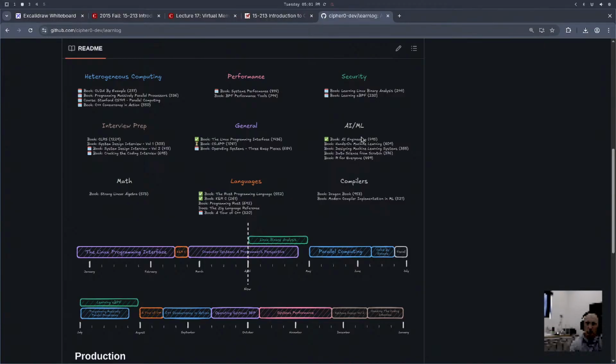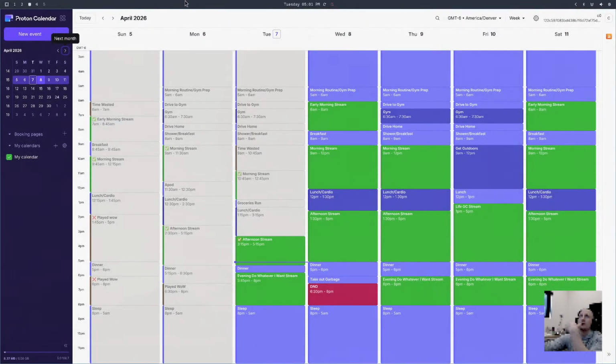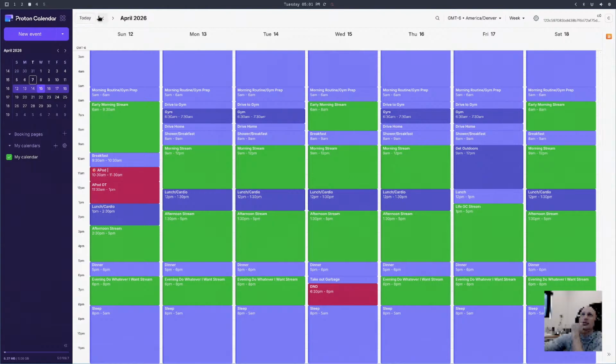But calendars, I think, are a good tool. And I oscillate. I go back and forth in how well I plan my time. This is a thing that they call time blocking. So if we go forward to next week, you can see every single minute of my day has a plan. It doesn't mean that I have to adhere to the plan. I can change the plan whenever I want. But there's an existing plan that I should try to comply with in order to achieve the outcomes that I want in my life.